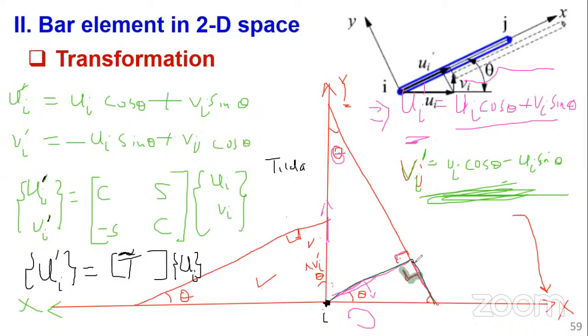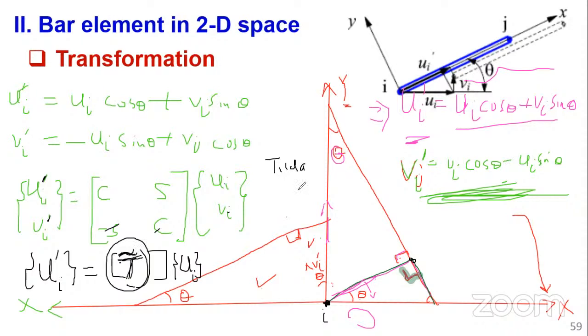When we come to the other node, we can do the same: Uj, Vj is cos, sine, minus sine, cos times Uj, Vj. This T we call the transformation matrix for a single node, denoted by a tilde mark.